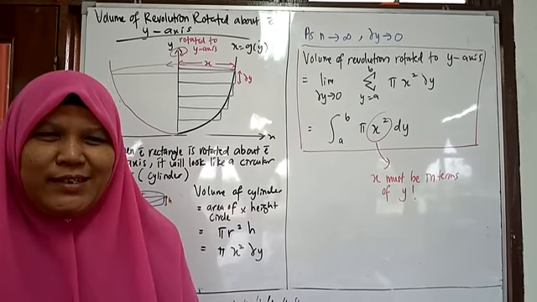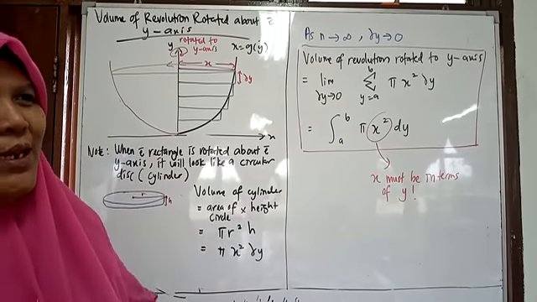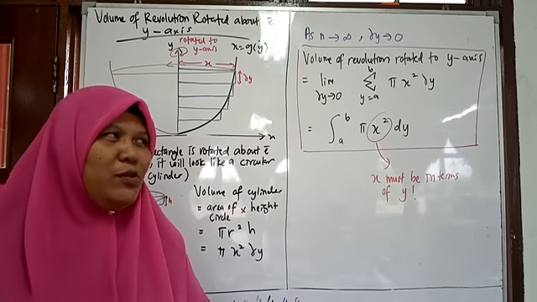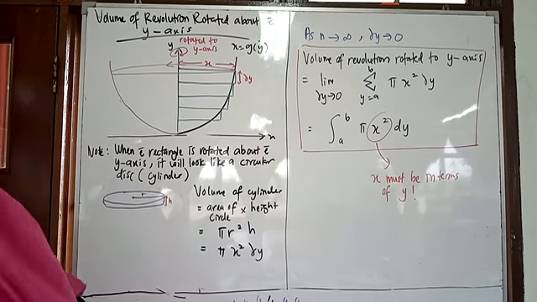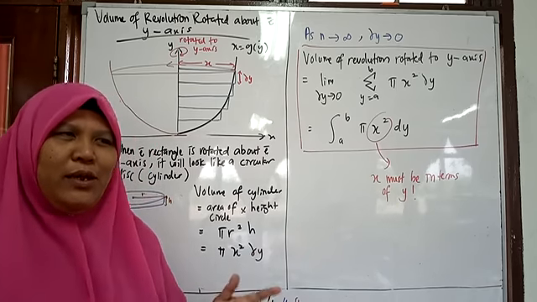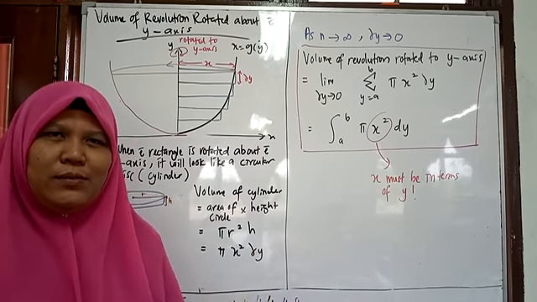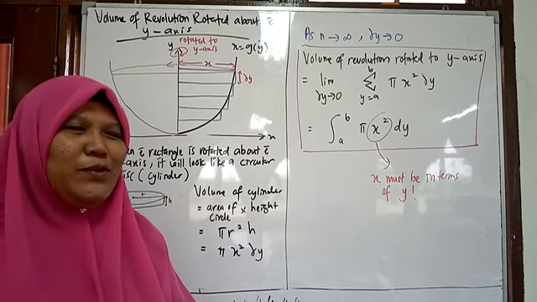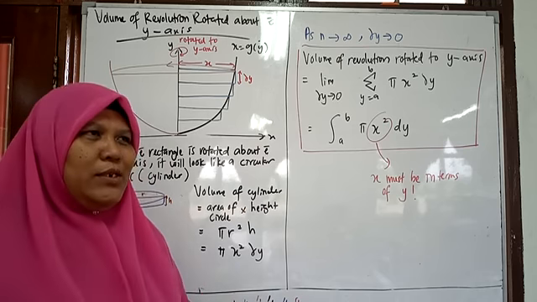So for today's lesson, we are going to talk about the last application in integration, which is volume of revolution rotated about the y-axis. In previous lesson, we have learned volume rotated about the x-axis, and for today's lesson, we are going to learn about volume rotated about the y-axis.